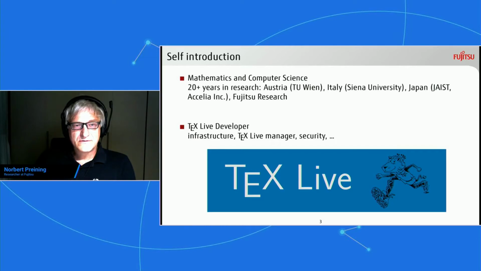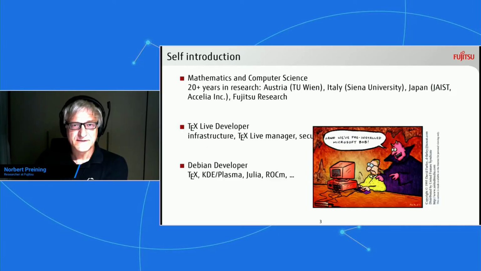I'm also a TeX Live developer. I have been responsible for the whole infrastructure, the TeX Live Manager, the security stuff, everything that ships the packages we prepare to the user and makes them usable there.